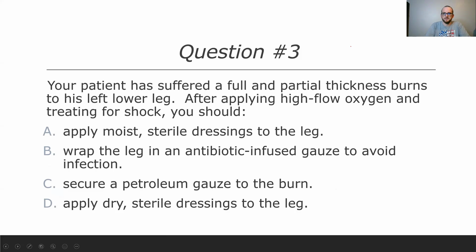All right. One more here, and then we'll do Parkland Formula for a minute.